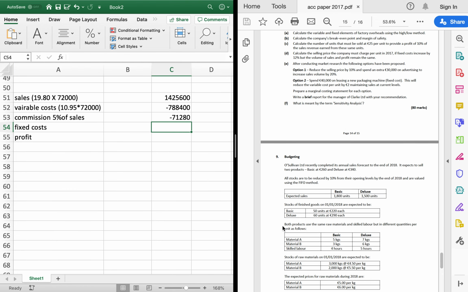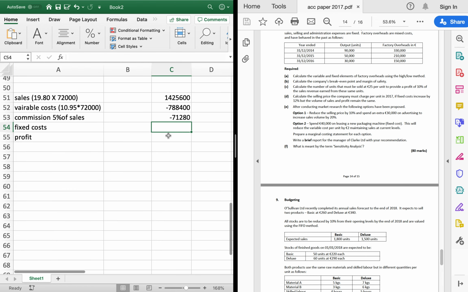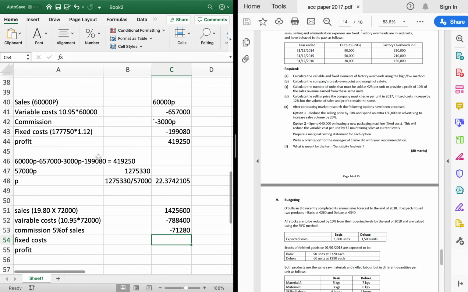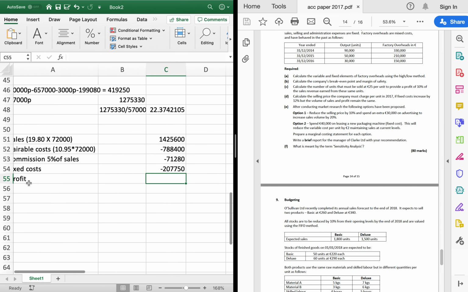Fixed costs. Well, the fixed costs are going up by 30,000. So anytime there's a number, that's fixed cost. So the fixed costs are 177,750, and adding on another 30,000, so 207,750. So our profit then, just taking those changes into account, is 358,170.